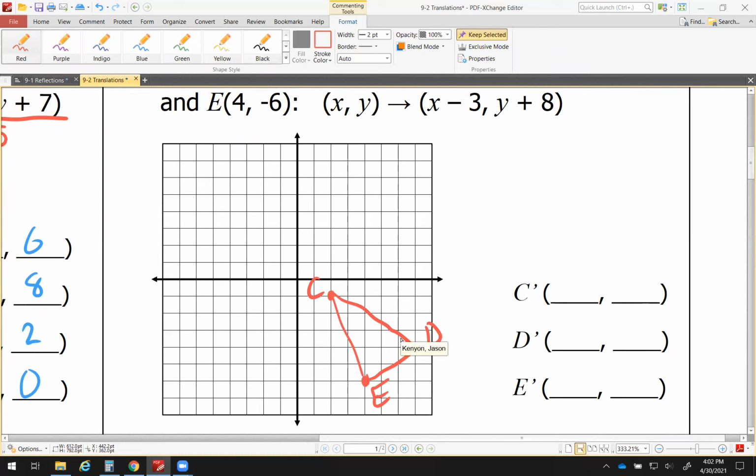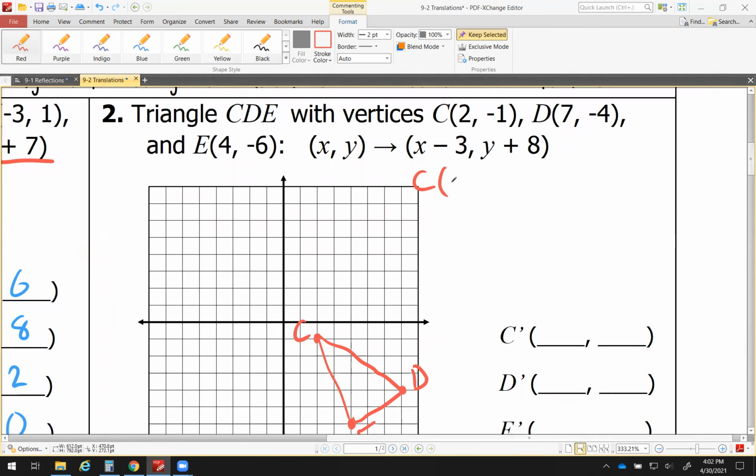And so instead of drawing all over the graph and having a bunch of lines connecting C to C prime or D to D prime or whatever, we can take the coordinate C, which is 2, -1, and we can put it at C prime just by doing 2 minus 3, and then -1 plus 8.